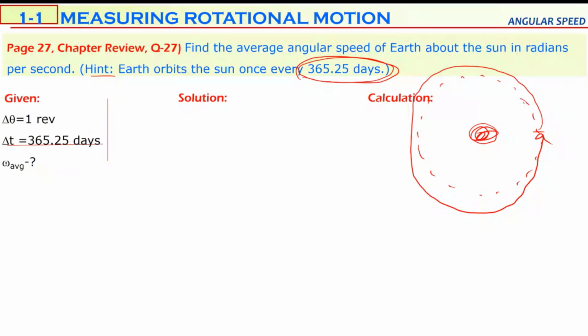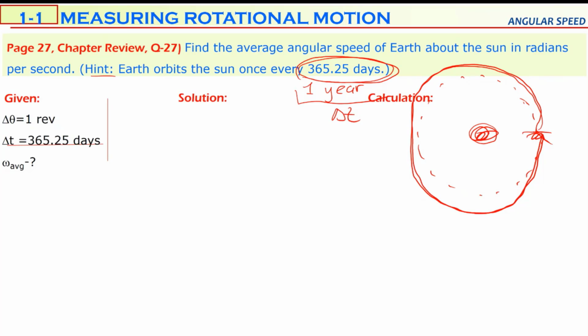This time is called 1 year, correct? Earth completes one revolution around the Sun in 1 year, which is 365.25 days. This is delta t.